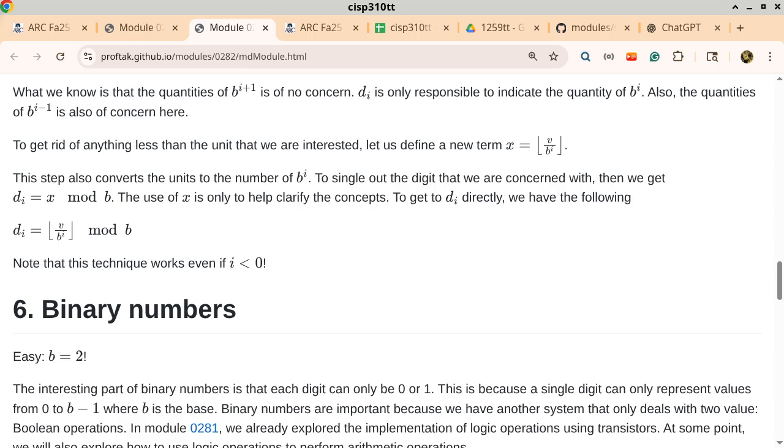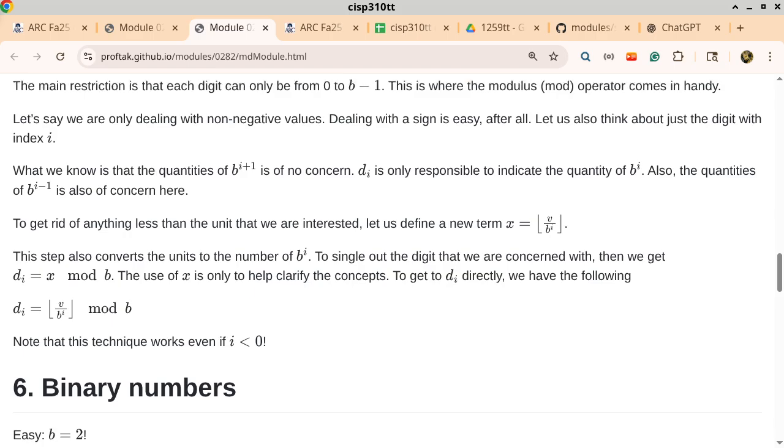V is the value that is being represented. B is the base that you want to use. I is the digit, the individual digit that you want to figure out. And then D of I is really just the value of digit I. All right. So all of that is actually explained in the notes itself.